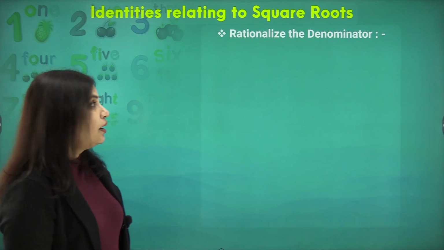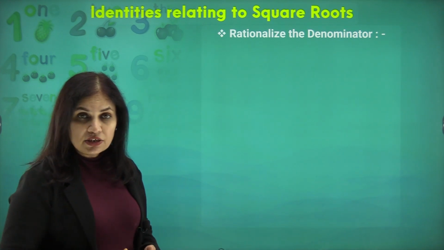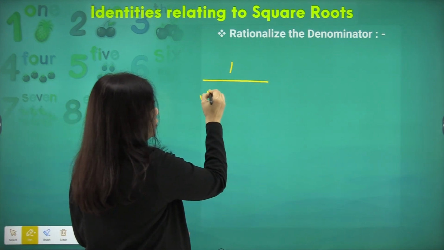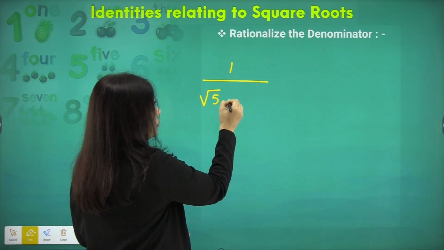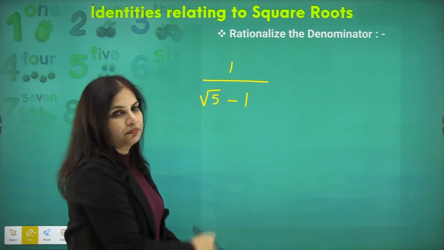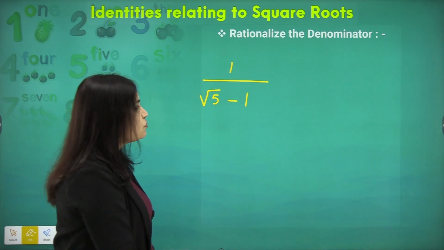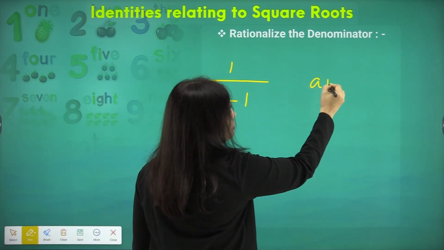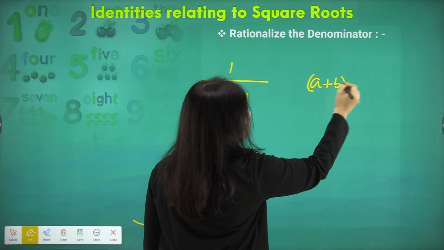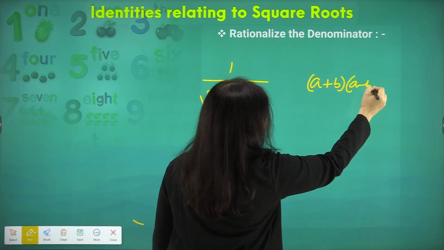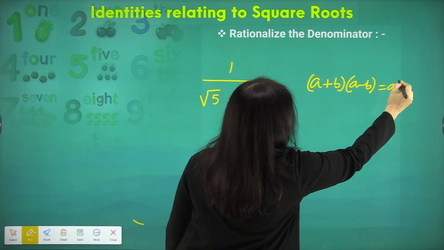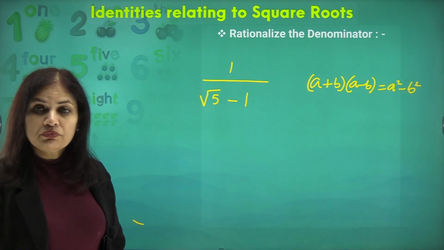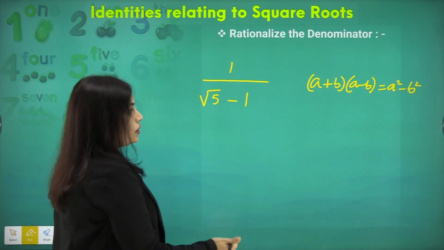Let us see which identity I can use to resolve my problem. My question was 1 upon root 5 minus 1. If I use the identity a plus b into a minus b equal to a square minus b square, my problem will be resolved.